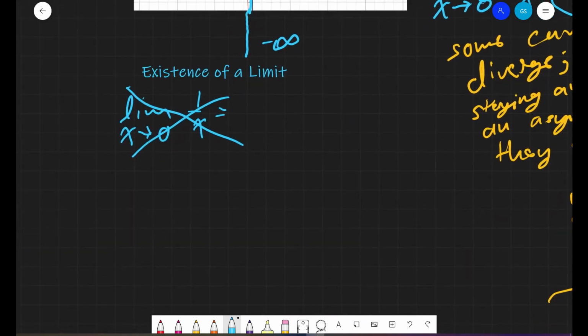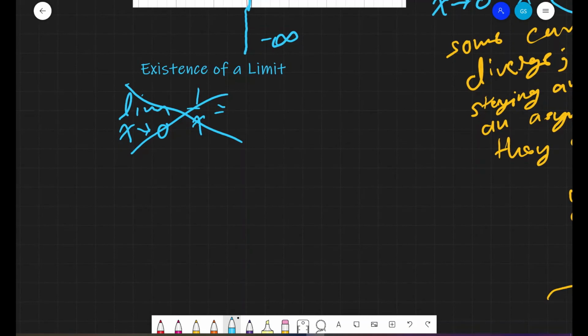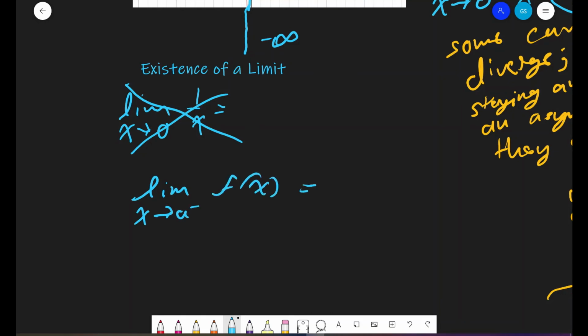In order to determine the existence of a limit, I'm going to say the limit as x approaches a from the negative side of f of x equals alpha. Just a very general statement. And the limit as x approaches a from the positive side of f of x should equal the same thing, alpha.